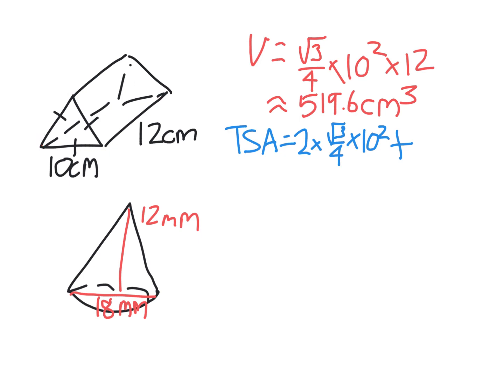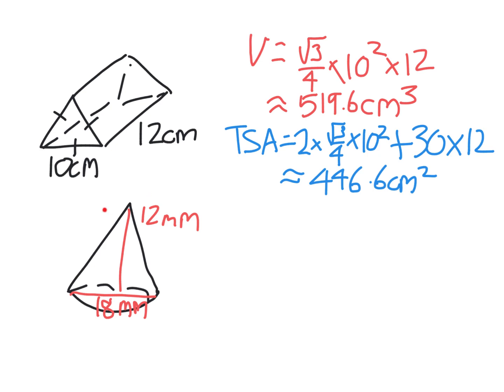A quick way to do that is just multiply the perimeter of the base, sorry, by the perpendicular height. So the perimeter of the triangle is 30. We just multiply that by 12. And so putting that in our calculator, we get about 446.6, and this time it will be in units squared.